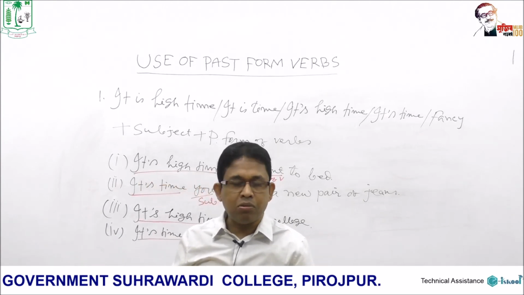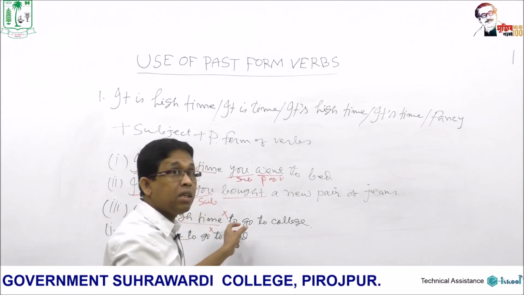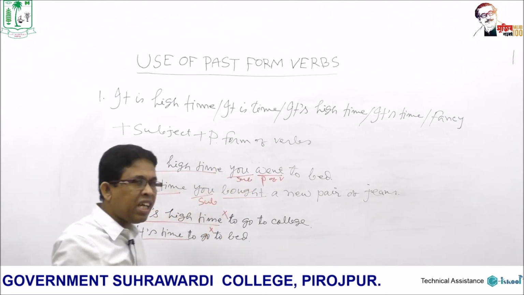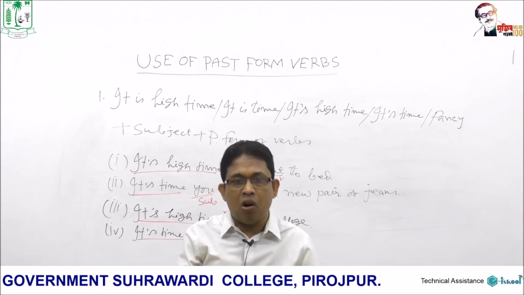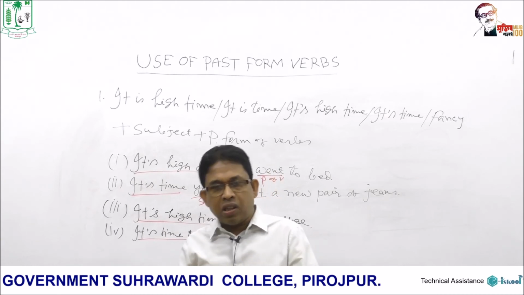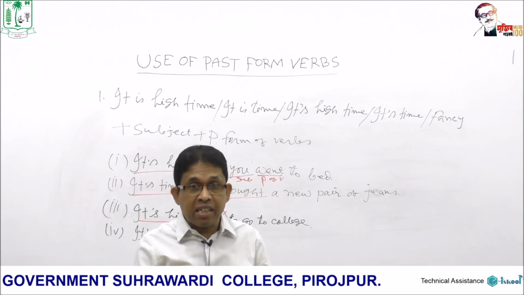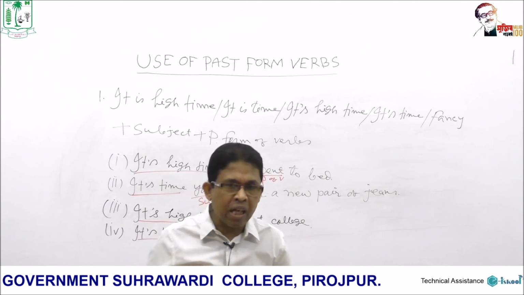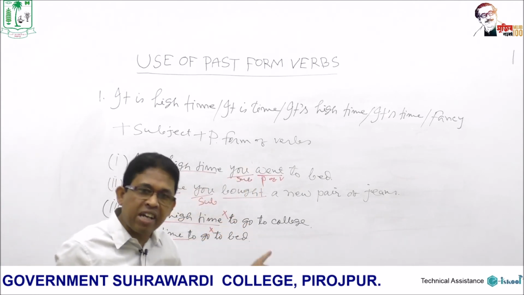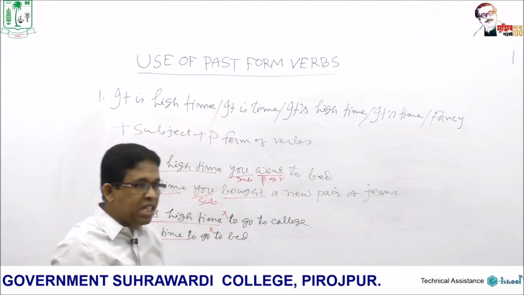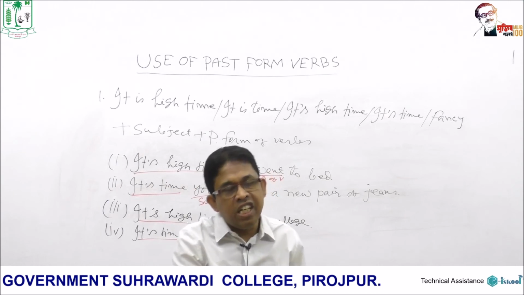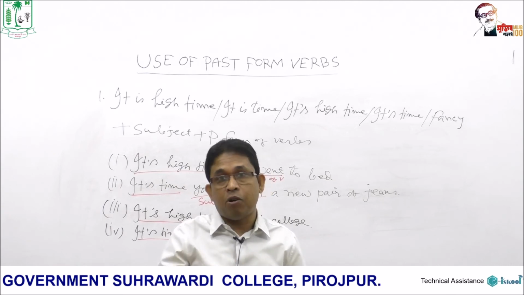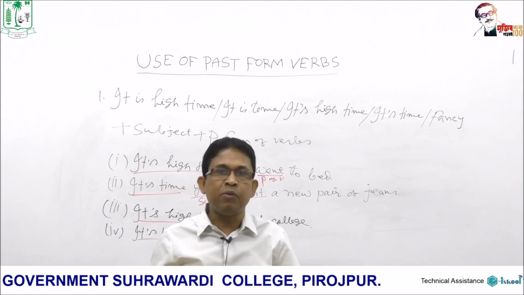So what happens now? Now this verb should not be the past form, but it should be in infinitive form, that is to plus the base form of the main verb. So what's the rule here? If after it's high time, it's time or fancy, after all these words and phrases, we get the subject, then if there is a main verb, we have to use the past form of main verbs. But if there is no subject after these phrases and words, and the main verb comes directly, then we have to use the infinitive form, that is to plus the base form of main verbs.